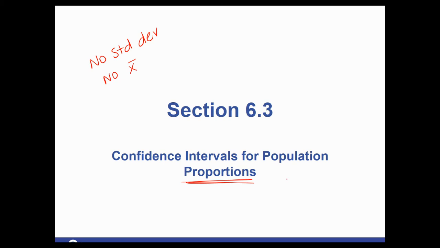So we're talking about p hat, q hat. So back to binomial things where there's two outcomes. So with this section, when we're going to find our critical value, we will be using inverse norm, but we are using p hats and q hats. So this is a proportion section.